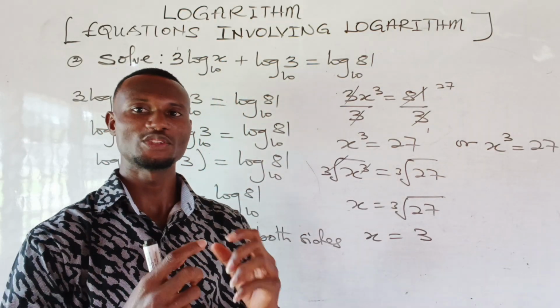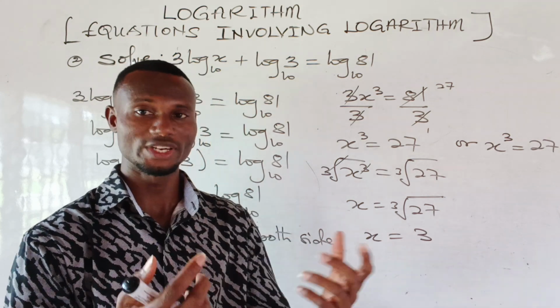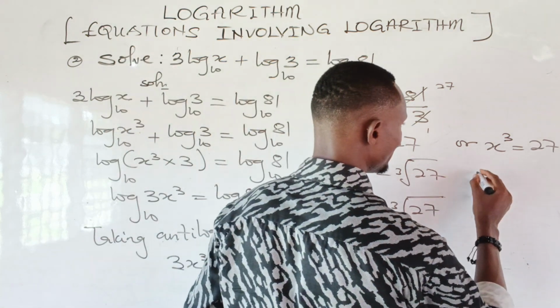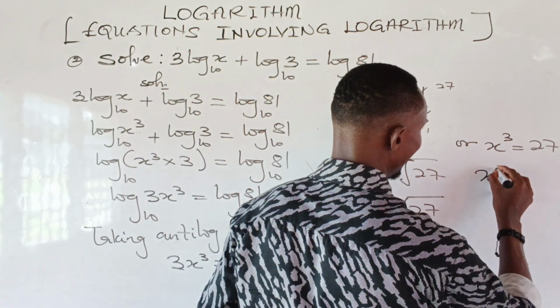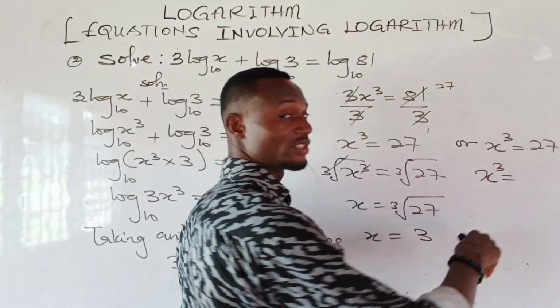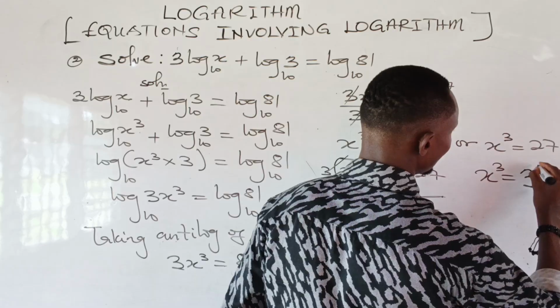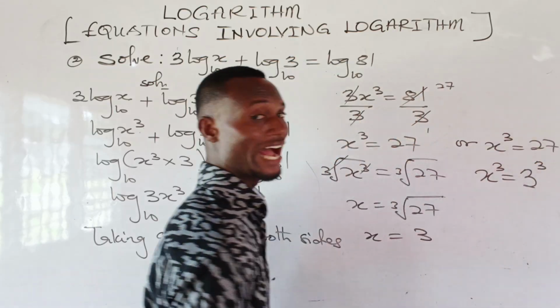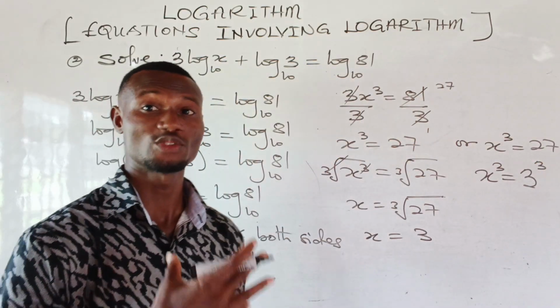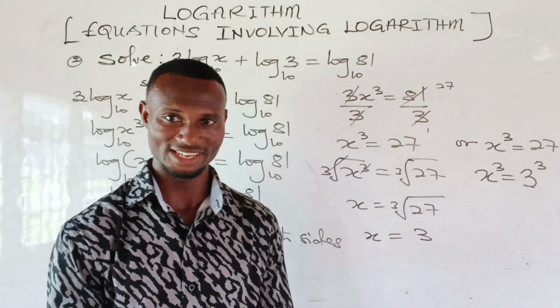So I can simply write s to the power 3 equals 27, and in exponent form 27 is going to be 3 to the power 3. I hope you understand, because 3 to the power 3 is 27.